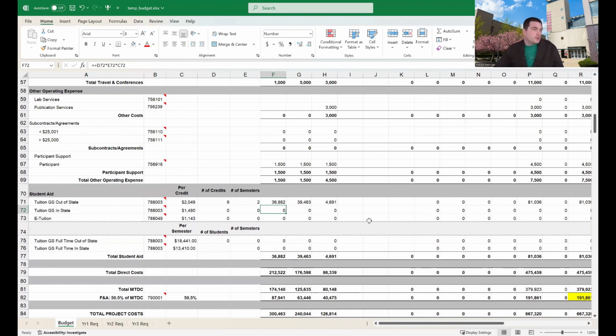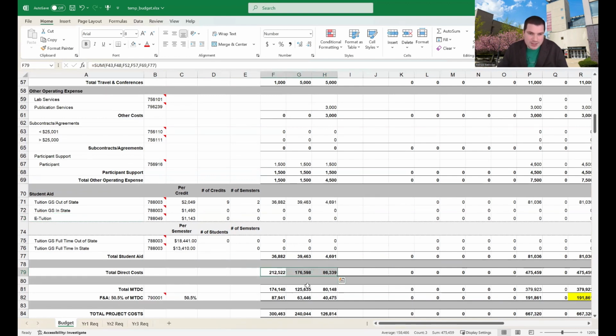So you want to be able to bring people in from all across the country, all across the world, and so you have to build in that possibility. And you can tell it does become significantly cheaper if they are in state. Let's see, is there anything else? I don't think so. Okay.